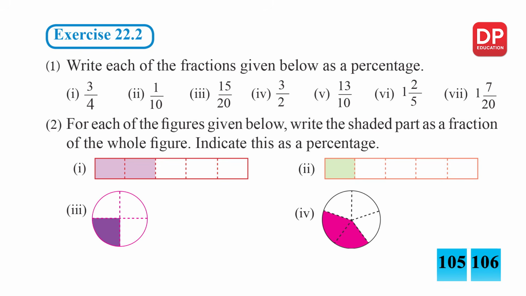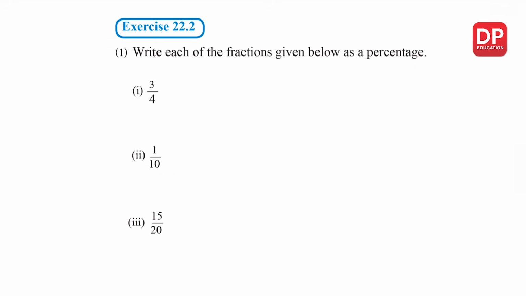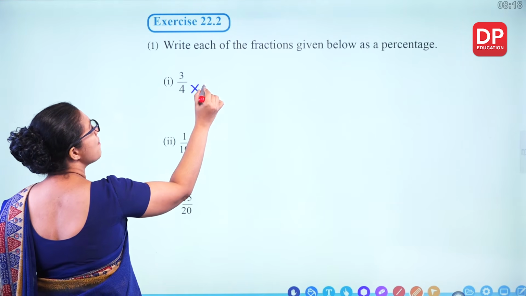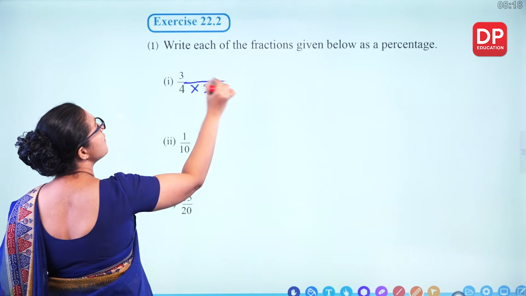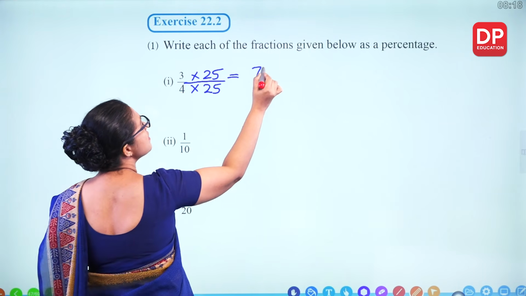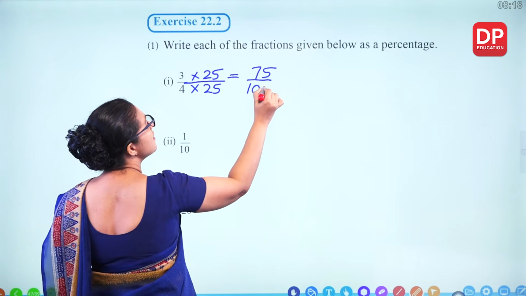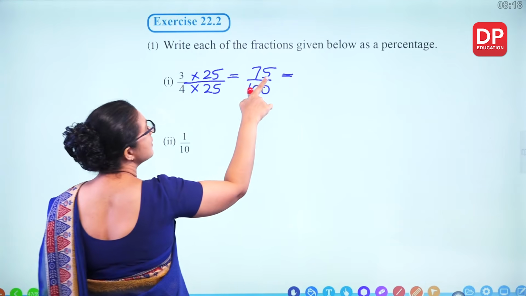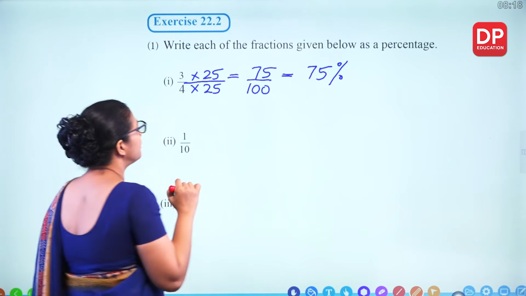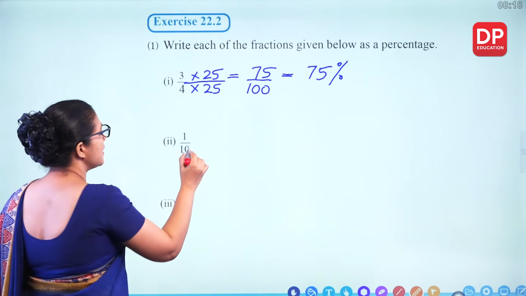Exercise 22.2. Write each of the fractions given below as a percentage. How do you convert to a percentage? Multiply by 25 to get the denominator 100. So you get 75 over 100. That means 75%. 1 over 10.